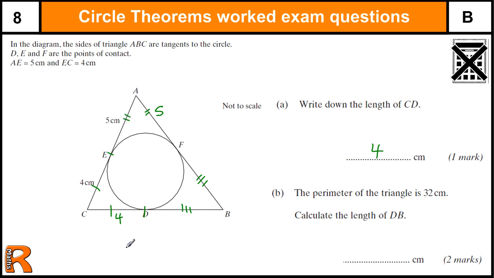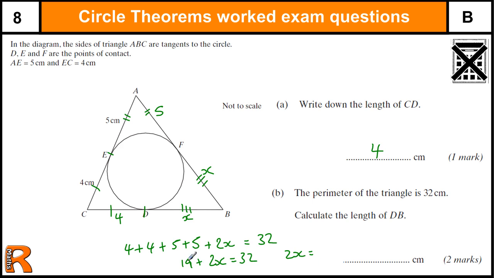So we've got 4 plus 4 plus 5 plus 5, and we call this x. It's the same for both, plus 2 lots of x, so we've got x plus x. That's equal to 32.